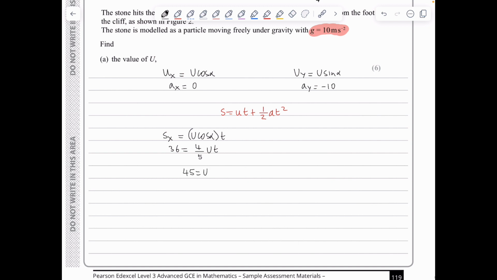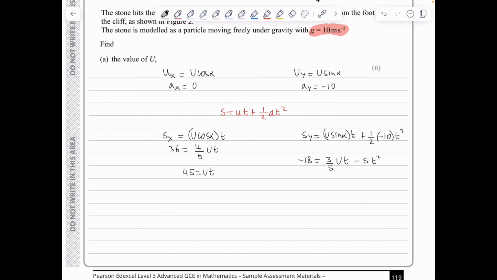And for the vertical displacement, sy is u sine alpha times t plus a half times -10 times t squared. Now the vertical displacement is -18 because we are 18 meters below the launching point, and this is equal to 3/5 times ut minus 5t squared.